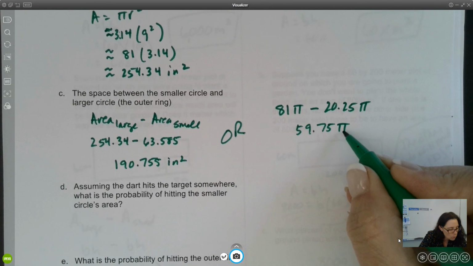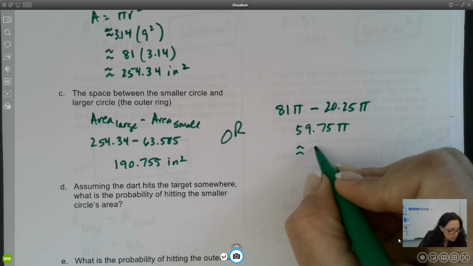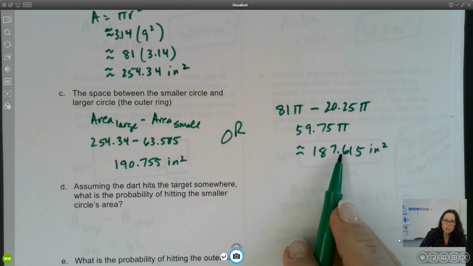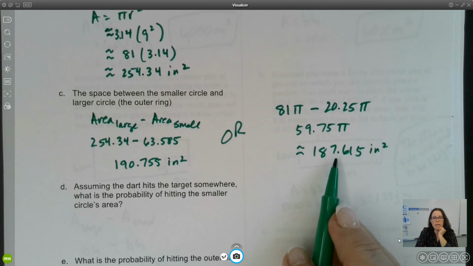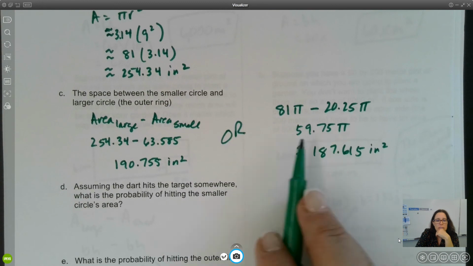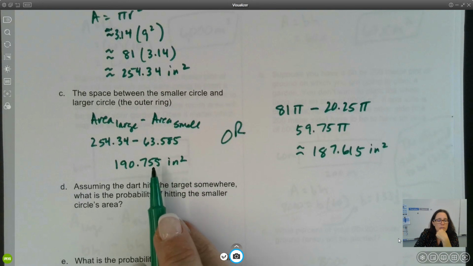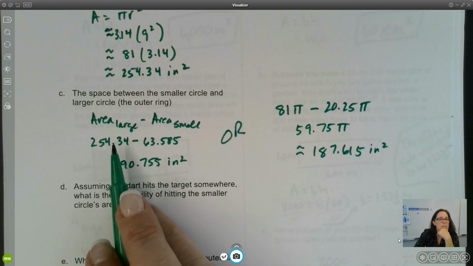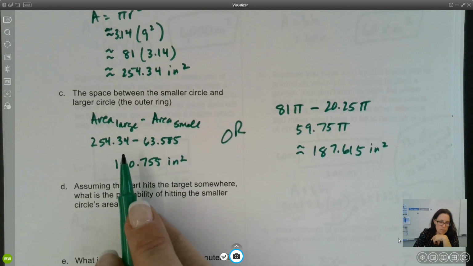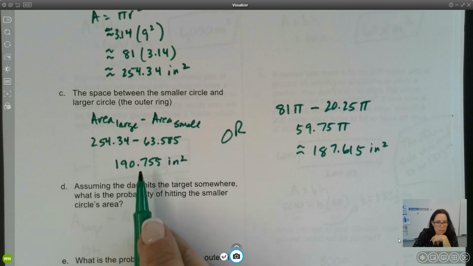And if you plug in 3.14 for this, you get about 187.615 inches squared. This answer is absolutely exact and accurate. The other one is the least accurate because we rounded this calculation and we rounded this calculation to get this. So this is like double rounding in it.